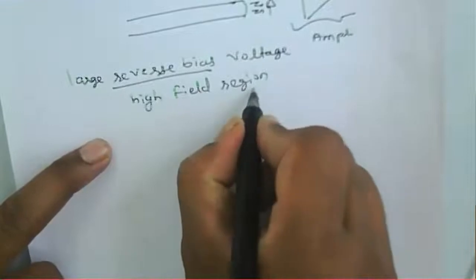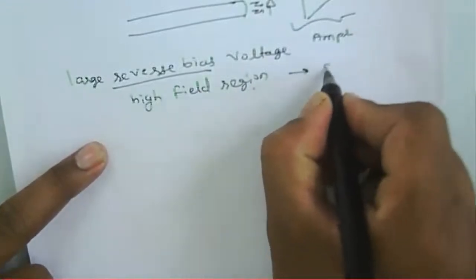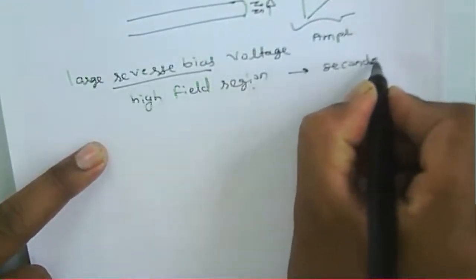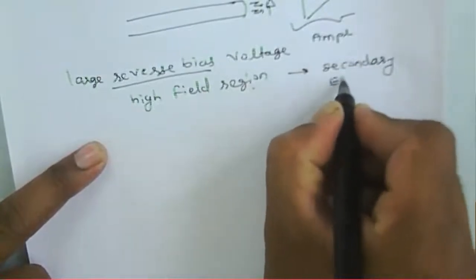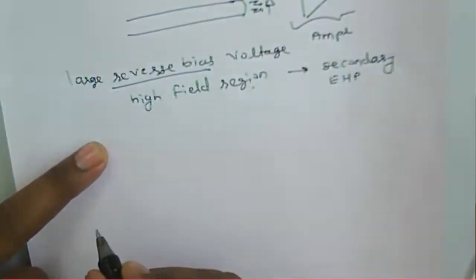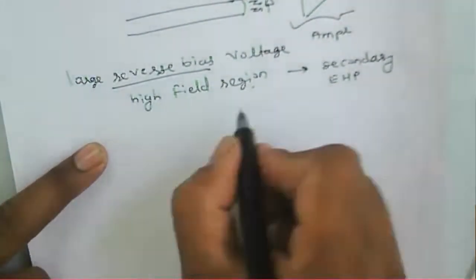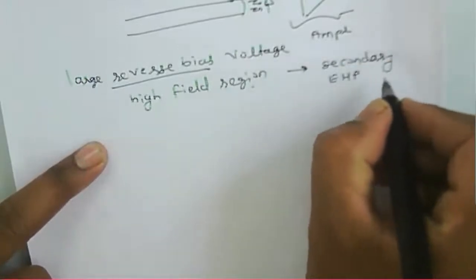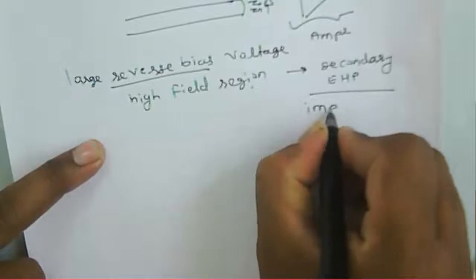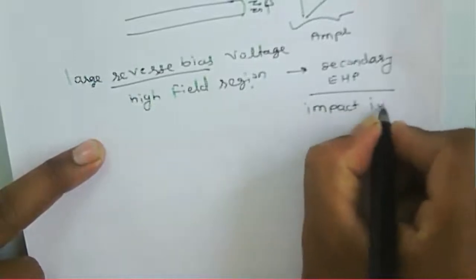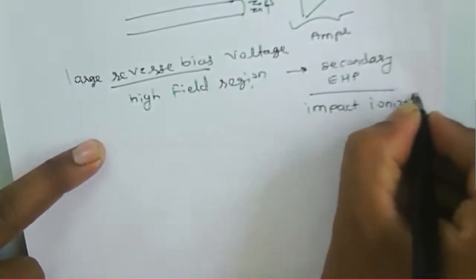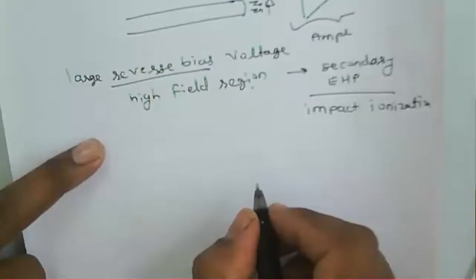Because of the high field region, it will generate a secondary electron-hole pair. This process of generation of the electron-hole pair is called impact ionization.